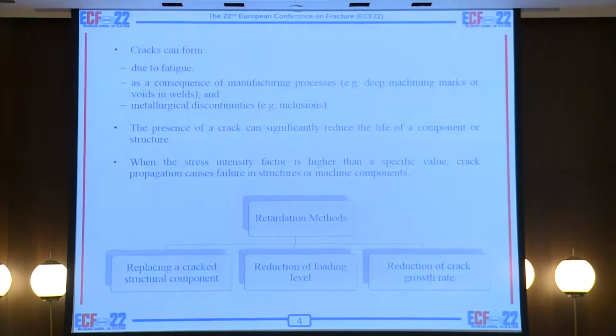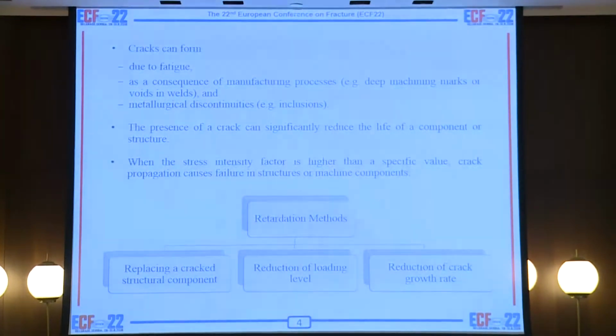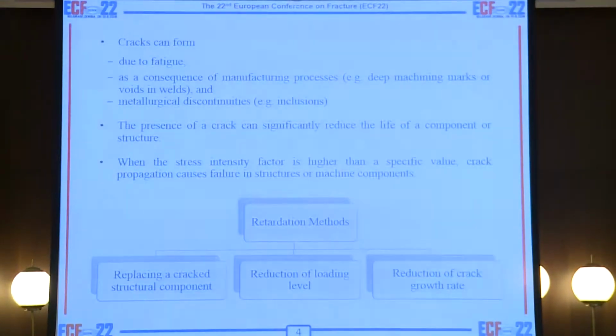Cracks can form during the production and also under fatigue loading, and there are different ways to stop these cracks from growing, especially under cyclic loading. The main three different ways that you can solve this issue is to replace the crack component with a new one, reduction of loading level, or reduction of crack growth rate.